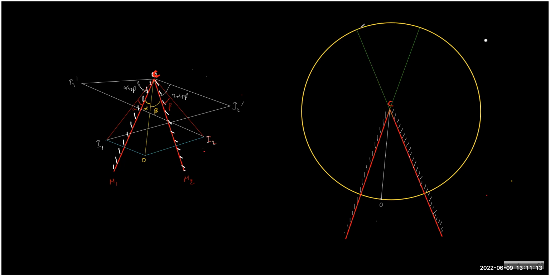So you can see this is a portion, or this is the region in which if you have any object, it is neither in front of the first mirror nor in front of the second mirror. It is called the dead zone because no light from here can hit the mirror surface. So you cannot draw a ray which can be incident to any mirror.